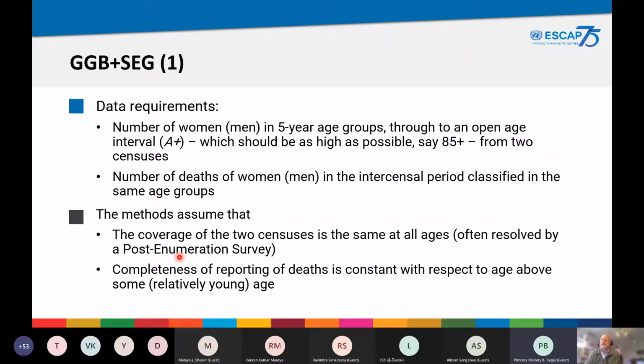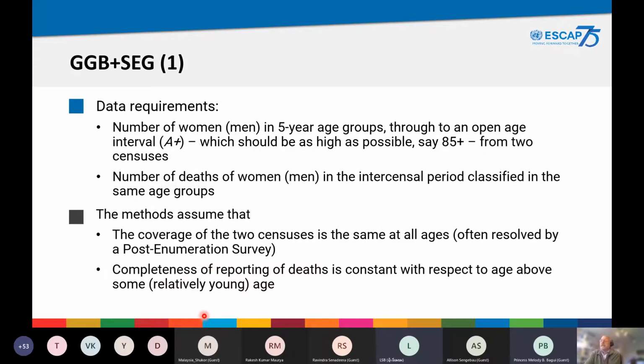So where a census has been adjusted by a post-enumeration survey, which would normally accommodate differential age coverage in those censuses, that is often resolved by means of the PES.